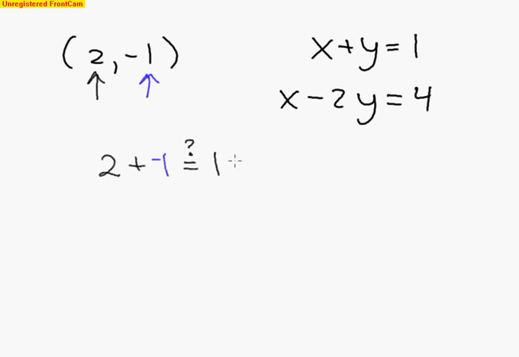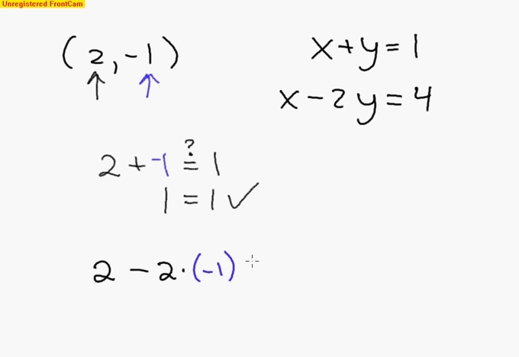And we're not sure, so I'll put a question mark. 2 plus negative 1 is 1. 1 equals 1, so this checks out. That's good. Now we can go ahead and check our other equation. And we have x is 2, so we'll plug in 2, minus 2 times our y, and y in this case was negative 1.